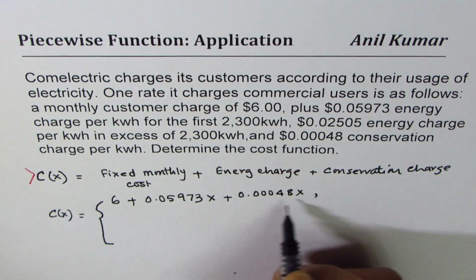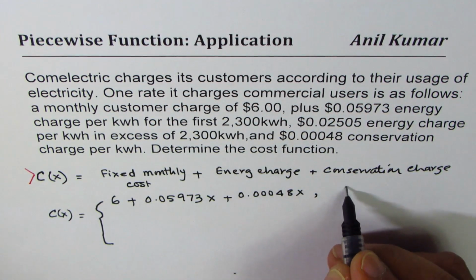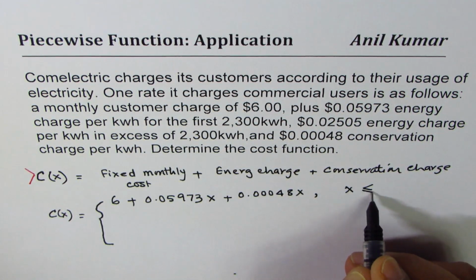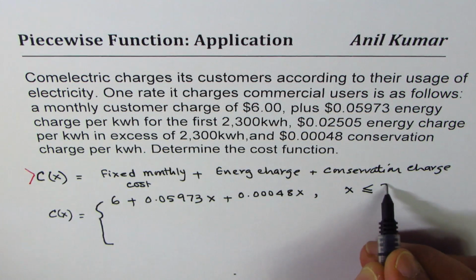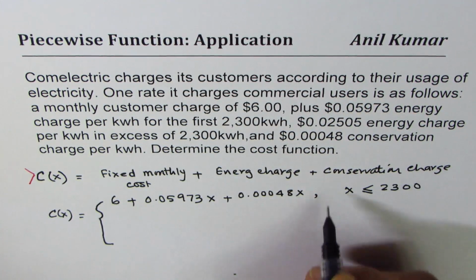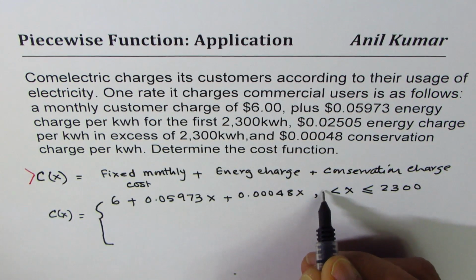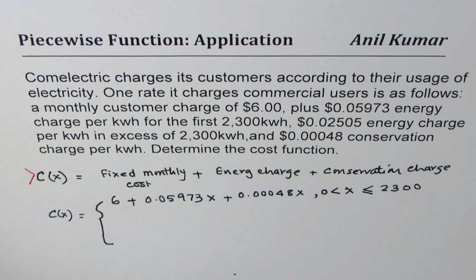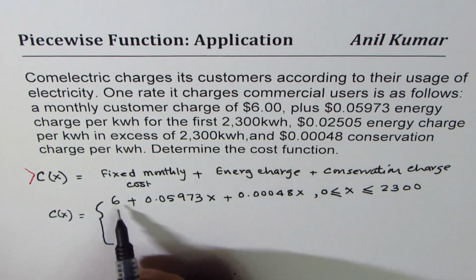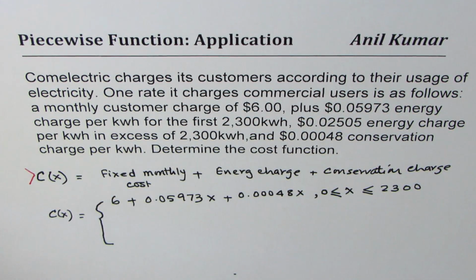And that is charged when X is less than or equal to 2300, of course greater than 0. Let me write equal to, because there is a fixed charge of 6.